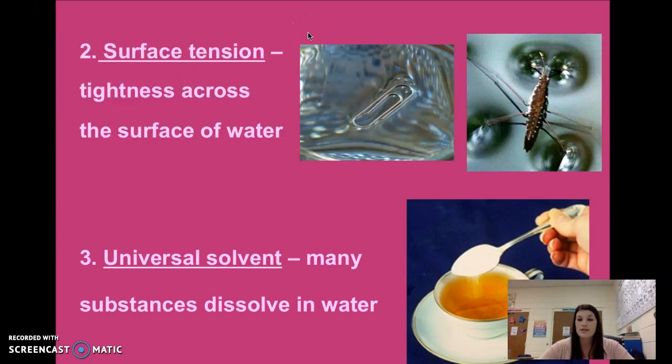Water is also known as the universal solvent because you can dissolve so many different substances in water. For instance, salt or sugar. If I put salt into water and stir it up, we know that it dissolves. What actually happens on a molecular level is that salt is created by sodium and chlorine.